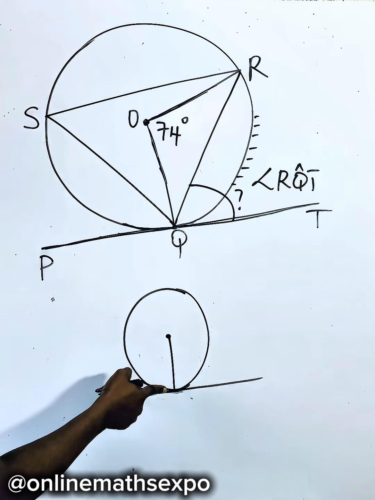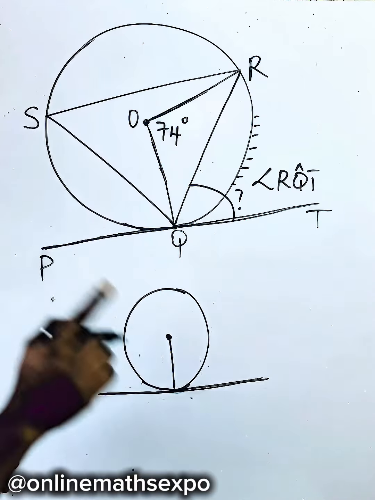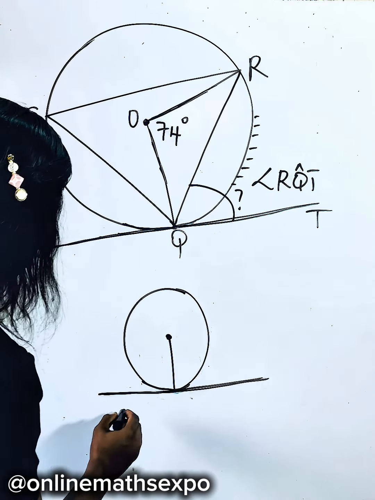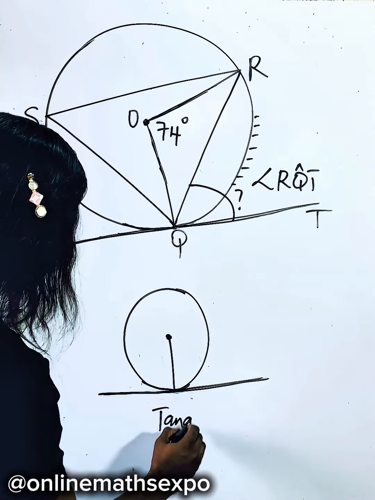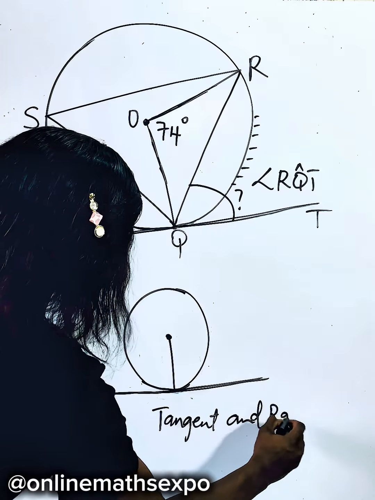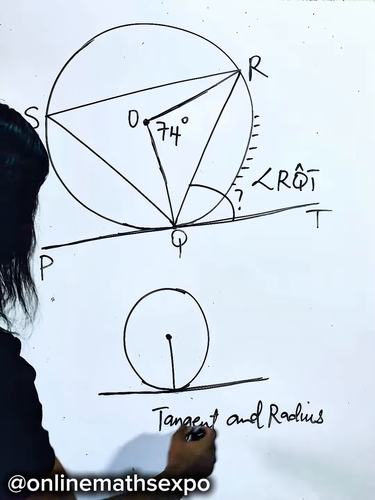This line is the radius. So this line touching the tangent of a circle reminds you of a theorem. And what does the theorem say? The theorem says that the tangent and the radius are perpendicular. The tangent and radius theorem says that this tangent line and the radius are perpendicular.